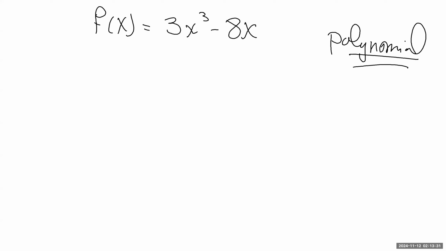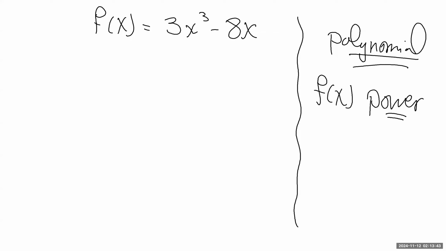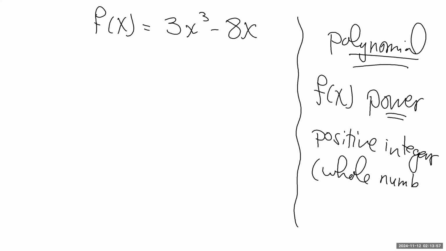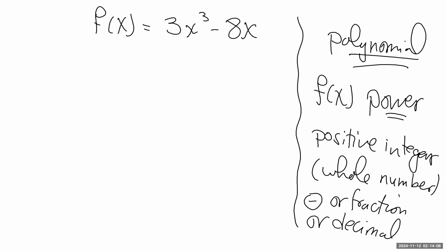Okay, for the polynomial, this means that we will have a function that is having a power, but this power has to be a positive integer. Positive integer means positive whole number. If you have the power to be either negative or fraction or decimal, this one will not be labeled as a polynomial.